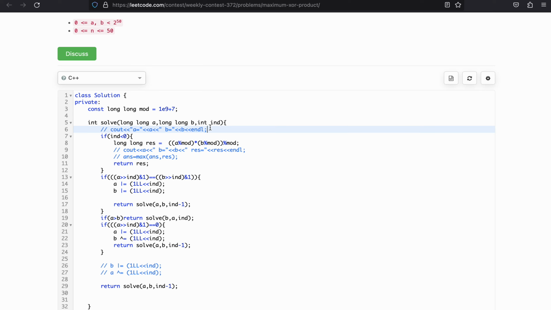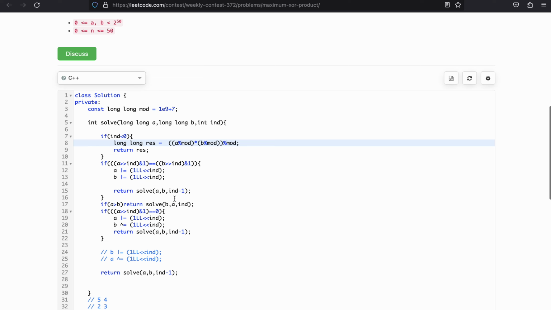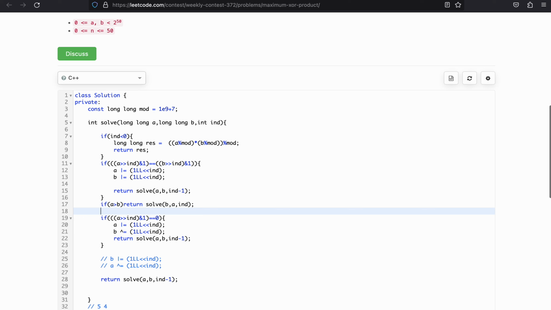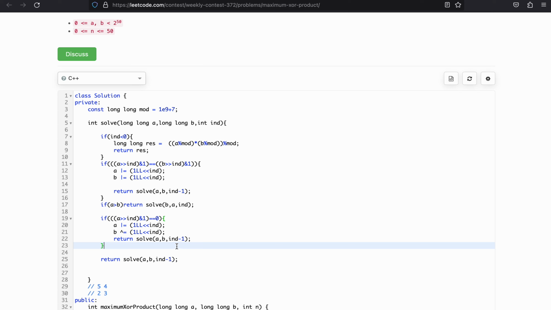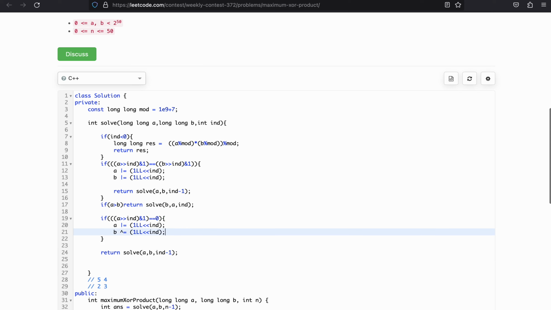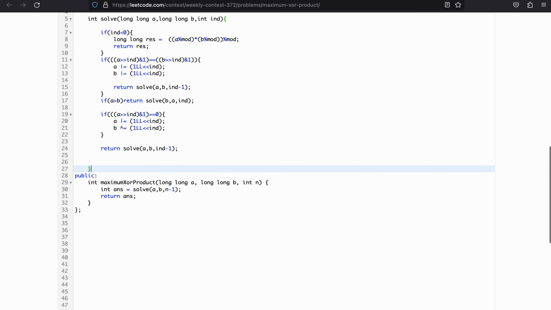So here is the solution to this problem which I implemented.